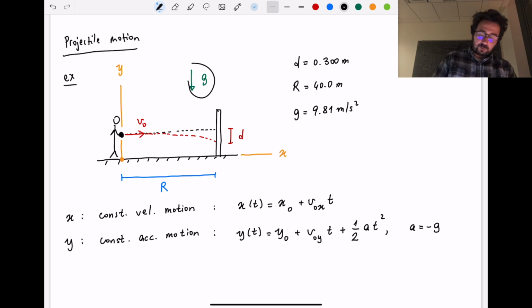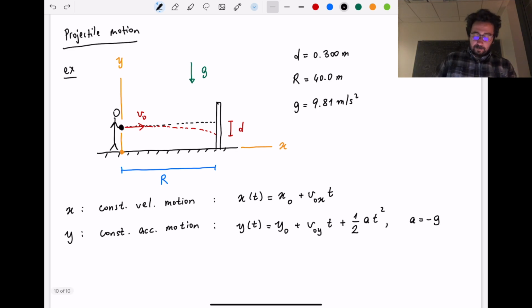It is negative because we are assuming that the upward direction is positive. Okay, now with this assumed coordinate system, we have x0 equal to 0, v0x equal to v0.